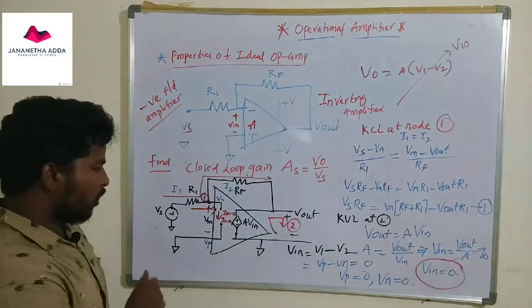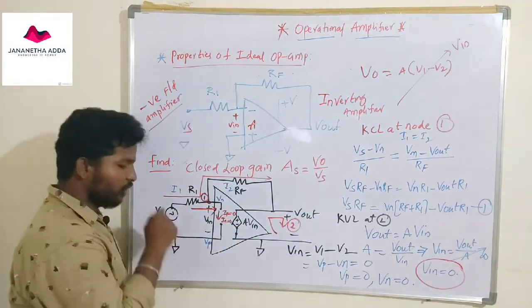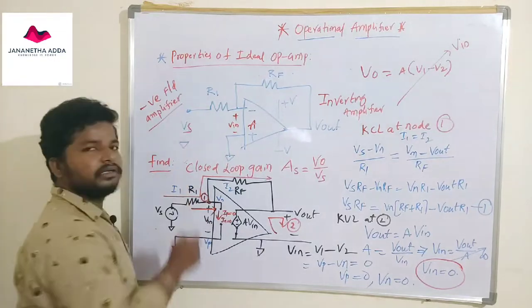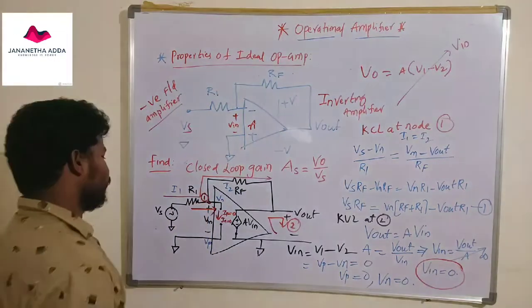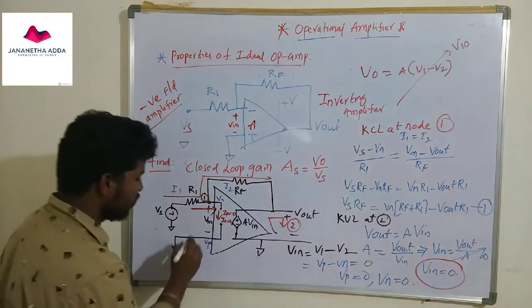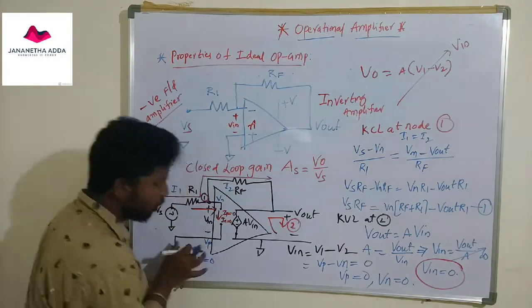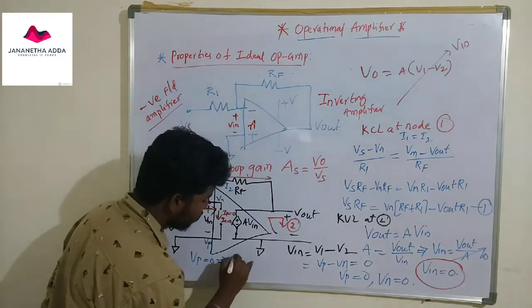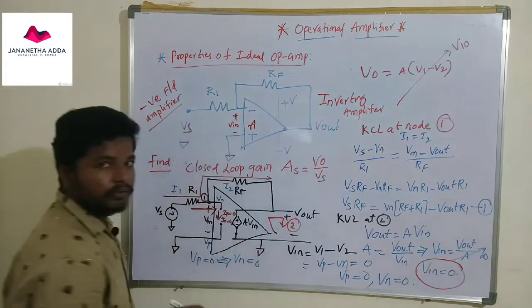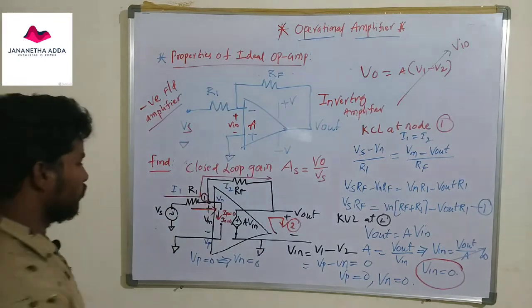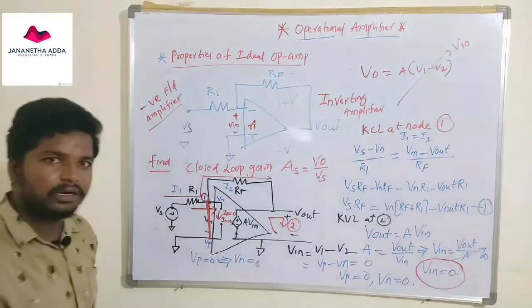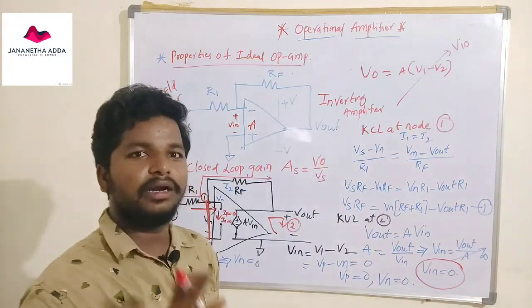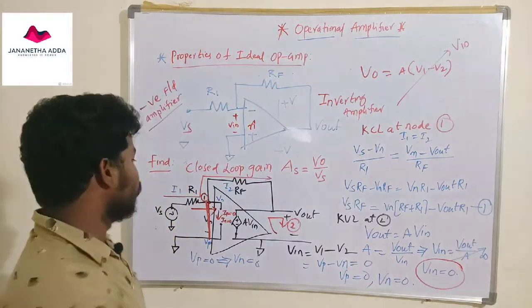Whatever voltage is present at the terminal Vp will be reflected as the voltage at Vn. Here, if Vp is equal to 0, then Vn is also equal to 0, which means both terminals Vn and Vp are shorted, which is not a practical short but only a virtual short.